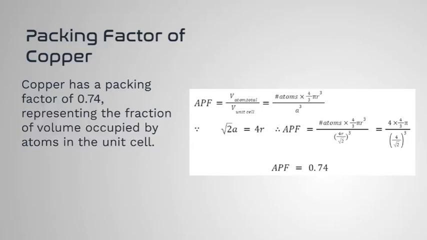What is a? a can be found using the Pythagorean theorem in the unit cell to be radical 2a is equal to 4r. Then plugging into the formula, we get number of atoms times 4/3 pi r cubed divided by 4r over radical 2 cubed. This results in 0.74, which again means that 74% of the unit cell is occupied by atoms.